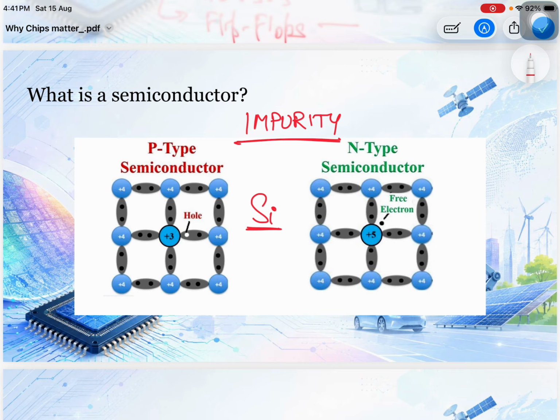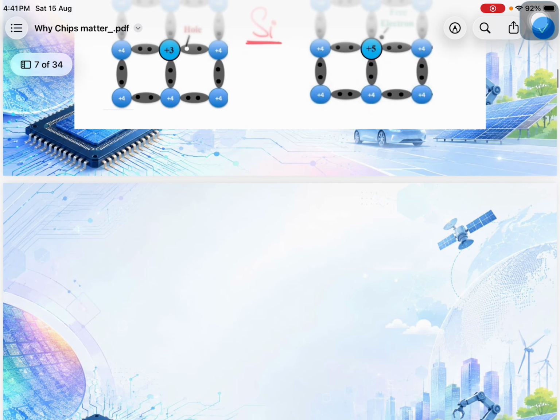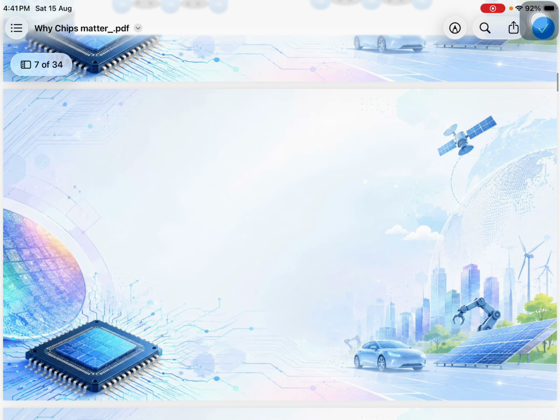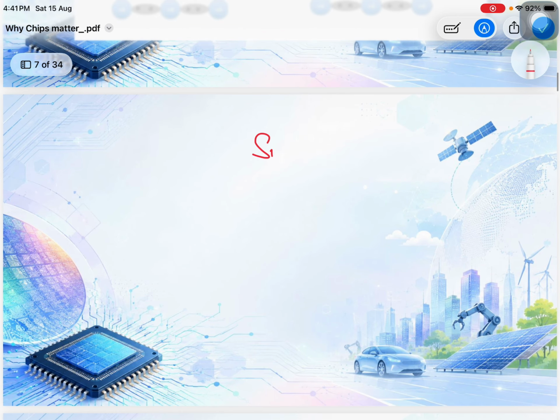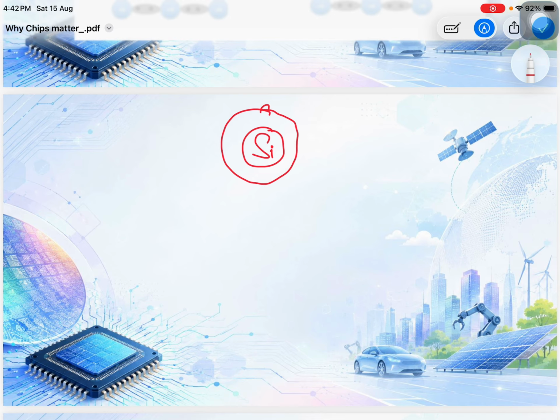You must know from your chemistry and science classes that silicon as an atom has 4 electrons in its outermost shell. This class will not get too technical, but this is something basic you should know.